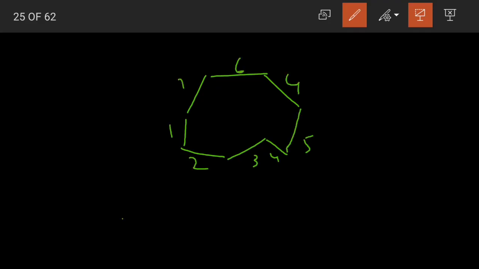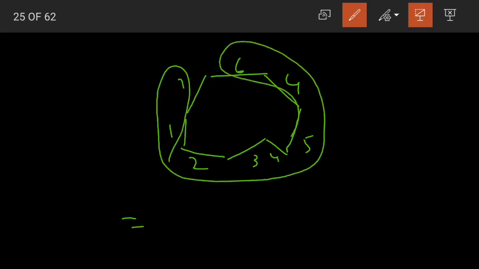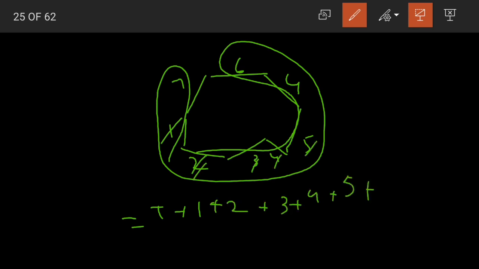When I ask you to find the perimeter, perimeters are very easy. You just have to add all the lengths of the sides. See, 7 plus 1 plus 2 plus 3 plus 4 plus 5 plus 4 and plus 6.